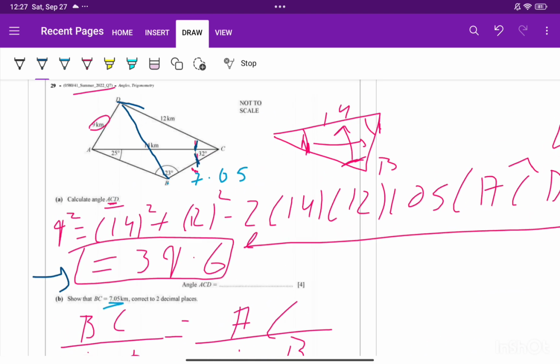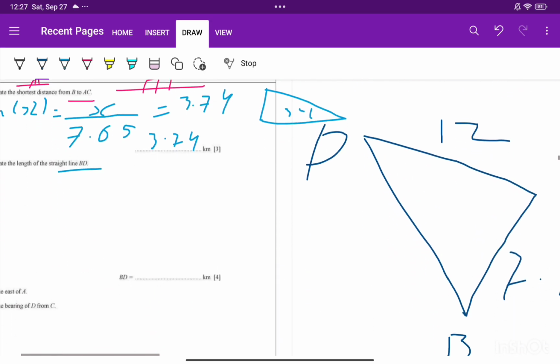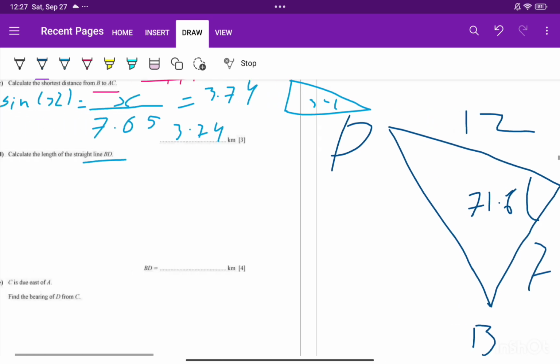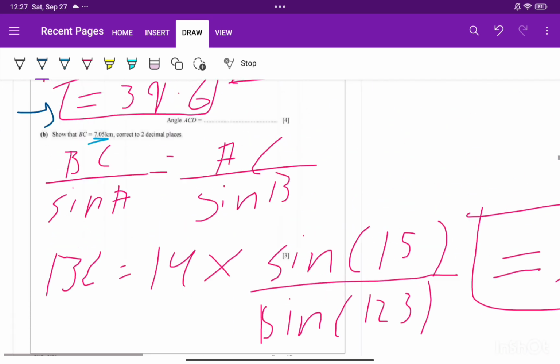So when we add up 39.6 plus 32, we will get DCB, which will be 71.6. So we need to find DB. Again we will use the law of cosine, same as before.